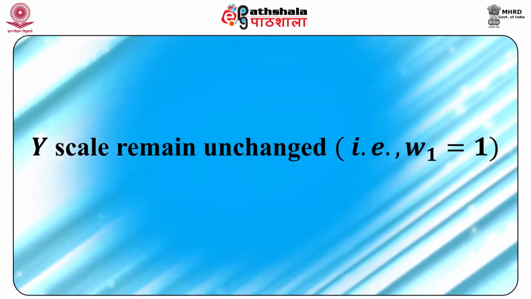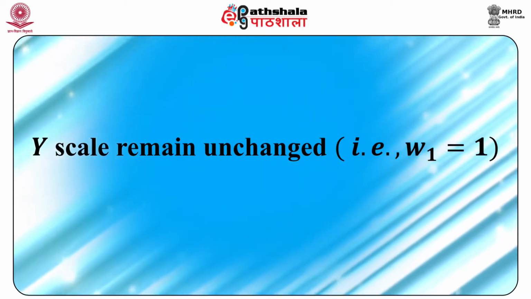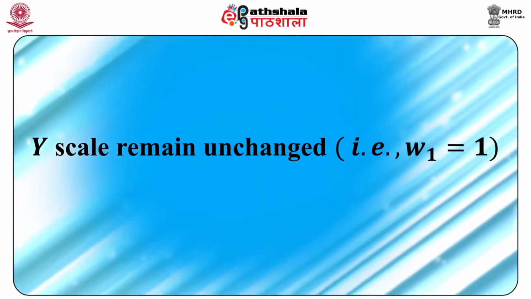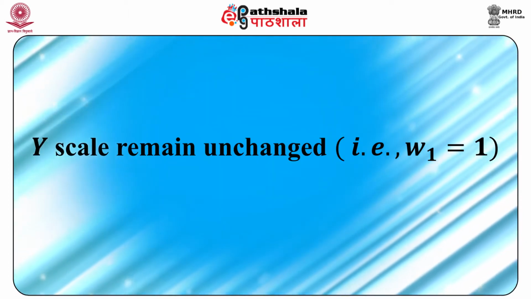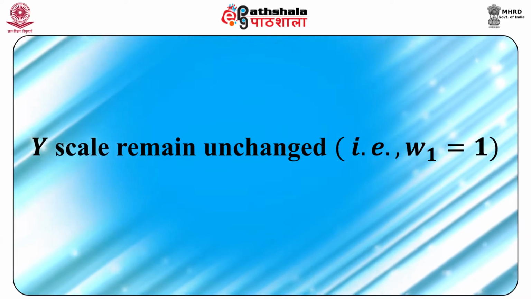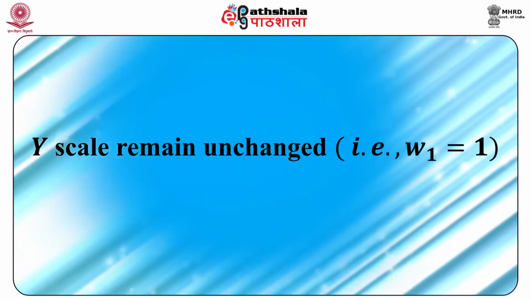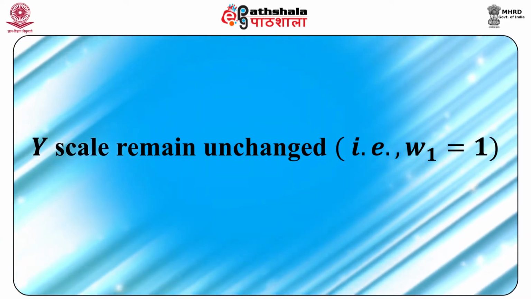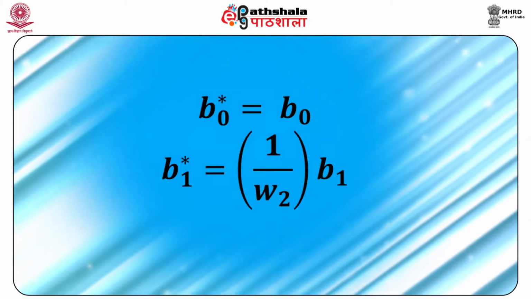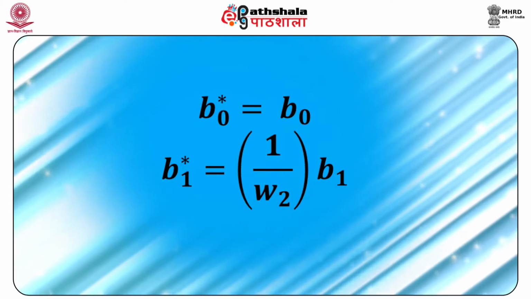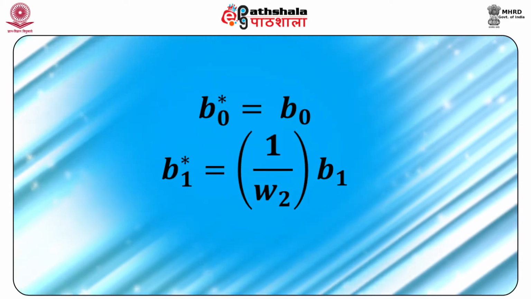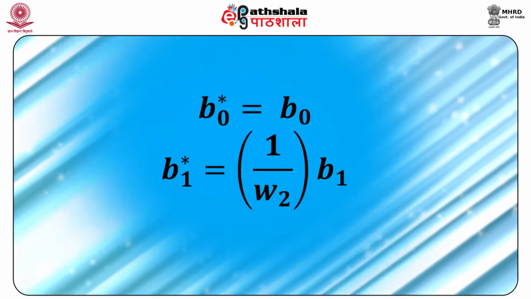So, let us now look at the third scenario where y scale remains unchanged, which means W1 is equal to 1, but W2 is W2, which means we have a scalar with the x variable, but the scalar with the y variable is equal to 1. In such a scenario, b0 star comes out to be equal to b0, and b1 star comes out to be equal to 1 upon W2 into b1.